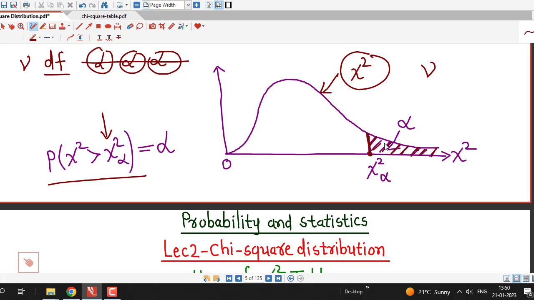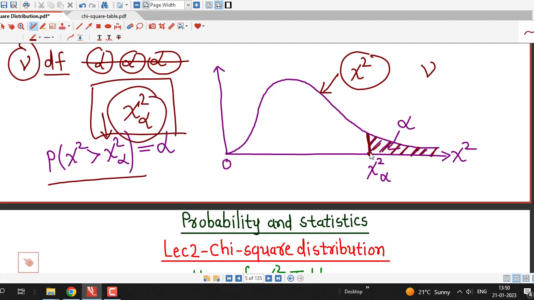We have to find the chi-square critical value corresponding to a given degree of freedom and given area. So remember, these values in the table are nothing but chi-square critical values, the points such that the area to the right side of the point is equal to alpha.